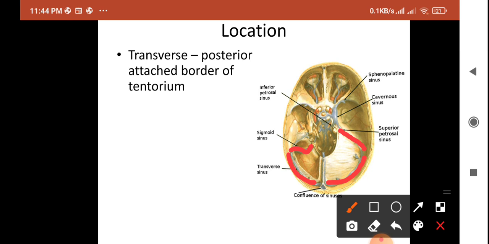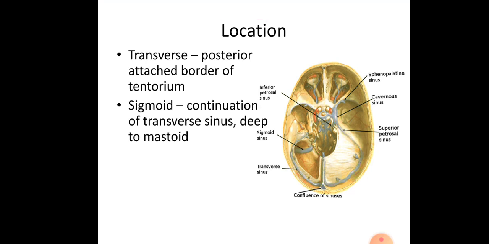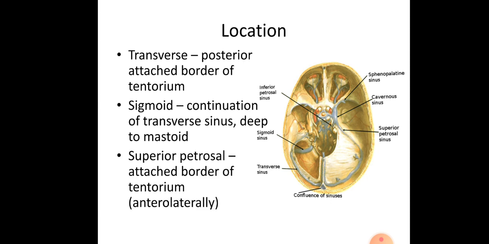This can be seen only if you remove the tentorium cerebelli. Okay. Then this is the cavernous sinus on either side. This is the position of the straight sinus. Sigmoid sinus, the continuation of the transverse sinus, deep to the mastoid. Superior petrosal along the attached border of the tentorium cerebelli.